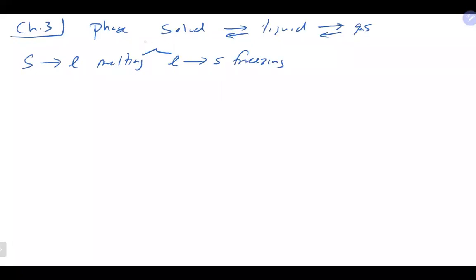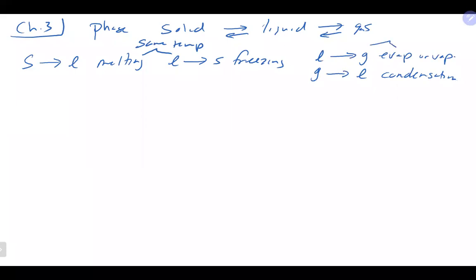Both of these occur at the same temperature, and that is the normal melting point or freezing point of a substance. As you go from liquid to gas, that is evaporation or vaporization. As you go from gas back to liquid, that is what is known as condensation.